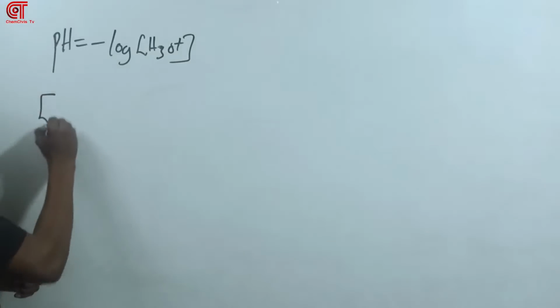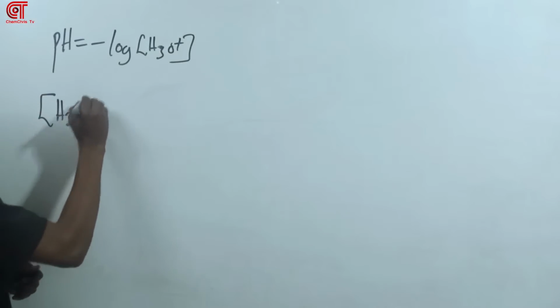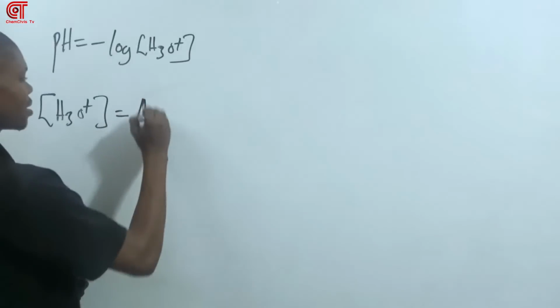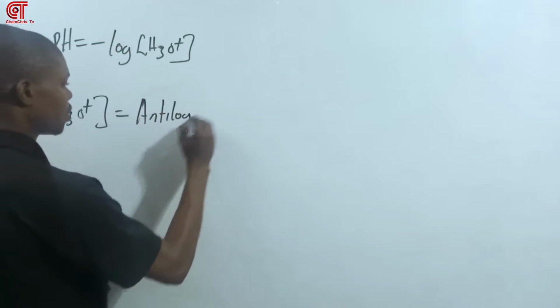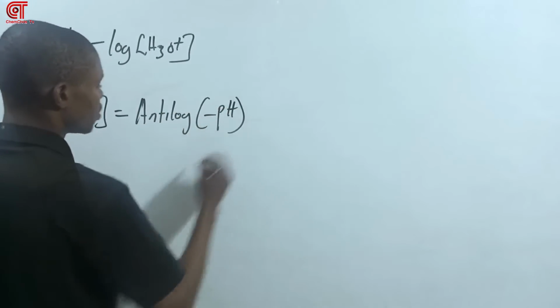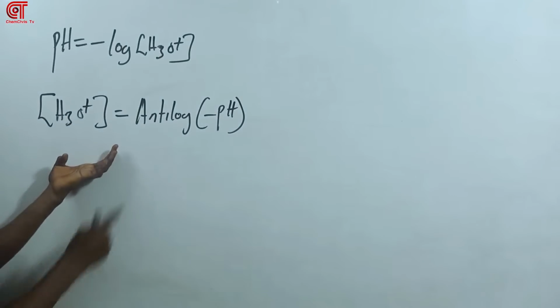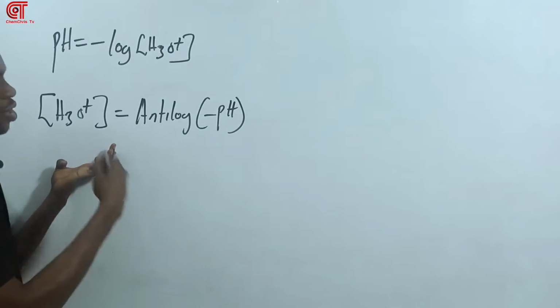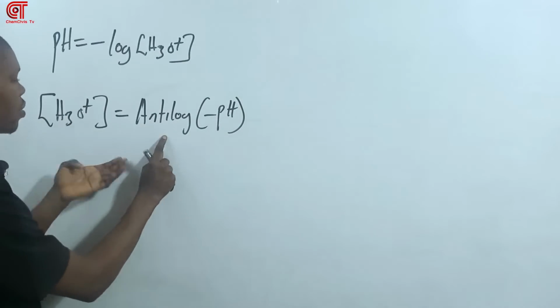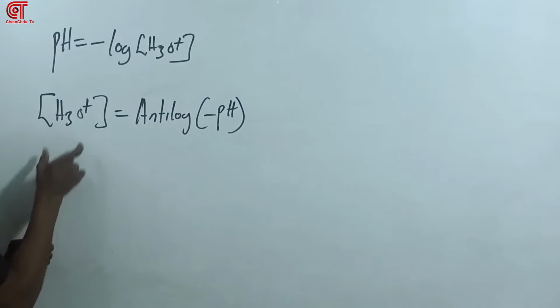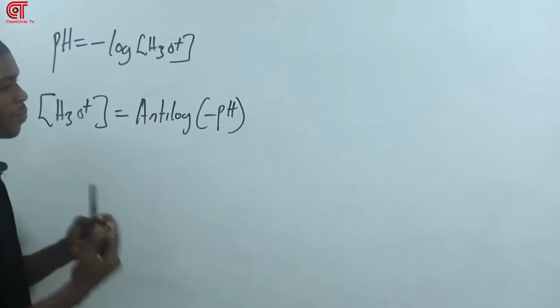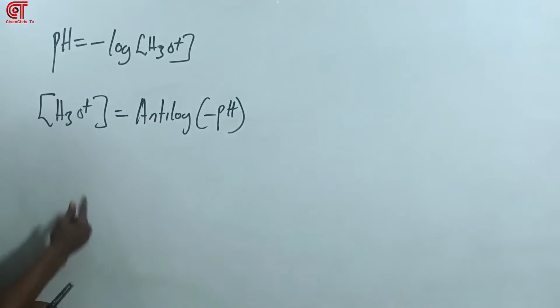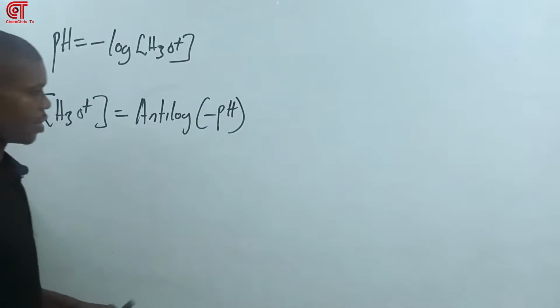We have H3O plus equals anti-log minus pH. This anti-log means the log inverse, which we call shift log. You can use it when the pH of the acid is given and you are asked to calculate the concentration of that acid.